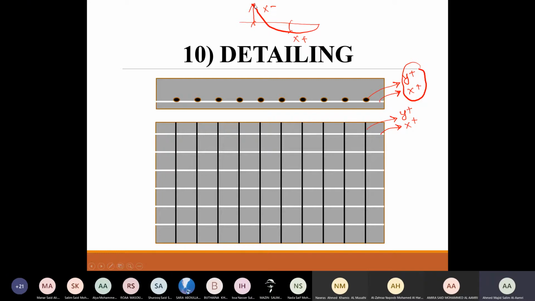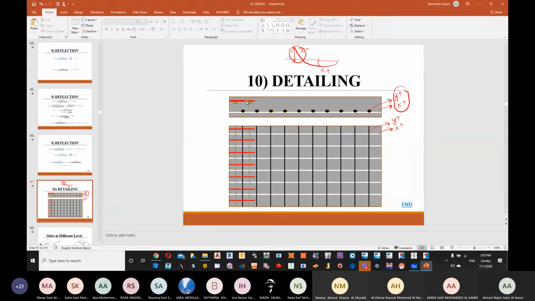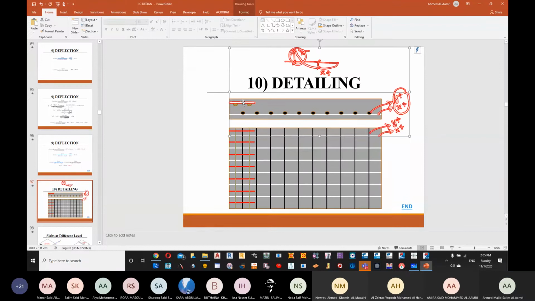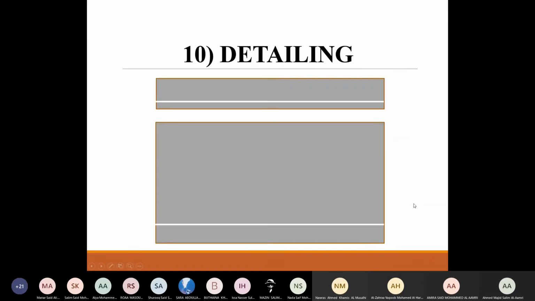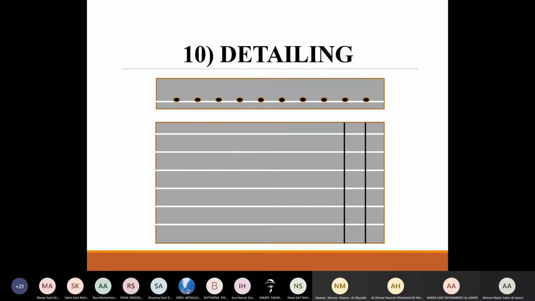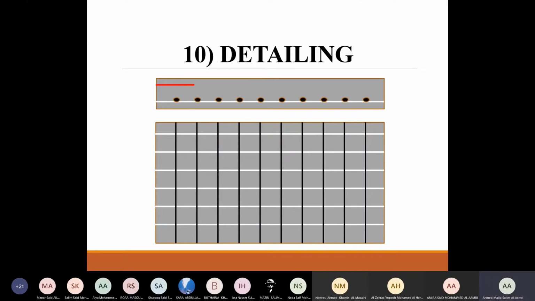Now the negative part is only available at a certain location of the slab, which is available on the left side. So we are going to have some kind of reinforcement here, which can be seen here in red color.